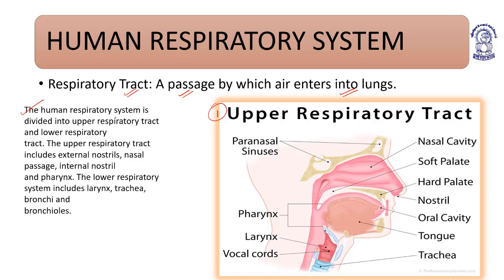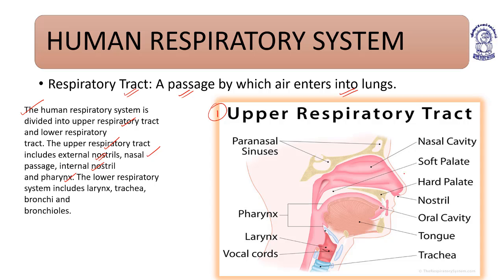Upper respiratory tract includes nostrils, external and internal nostrils. It includes nasal passage, internal nostrils and pharynx. So till pharynx, starting from the external nostrils is the upper respiratory tract.